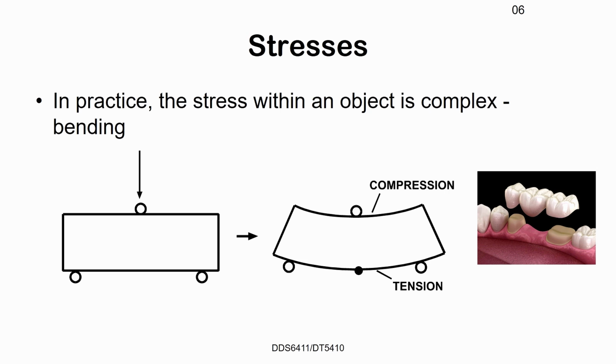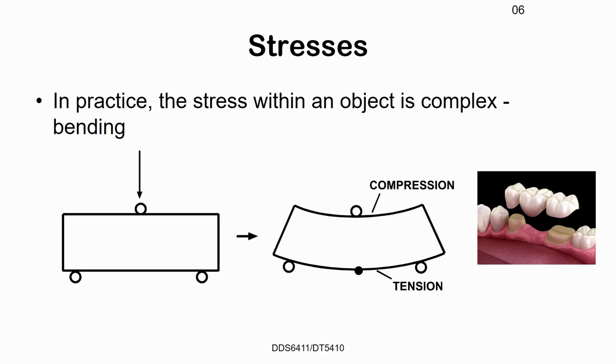In reality, stresses are very complicated. The simplest example is a beam in bending. If you take a piece of rubber and try to bend it, the top surface will be in compression, it's shortening, whereas the lower surface is in tension, it's lengthening. For a configuration like this, called three-point bending, with 2 supporting points and 1 loading point, the greatest tensile stress is at the midpoint of your beam on the bottom surface.